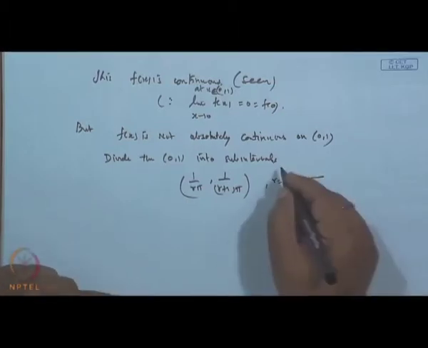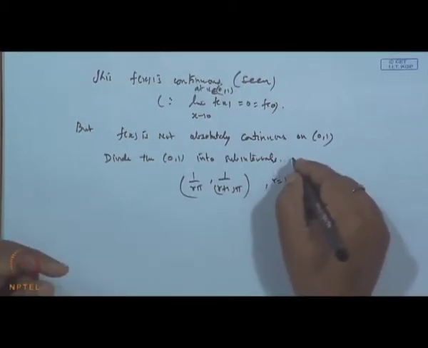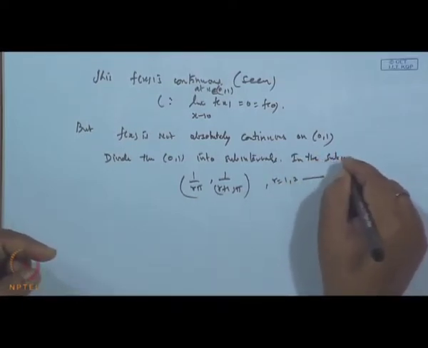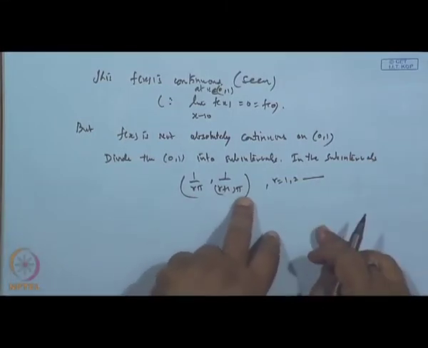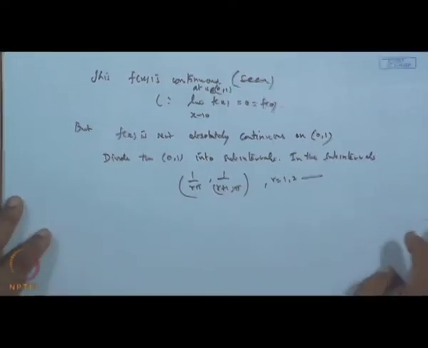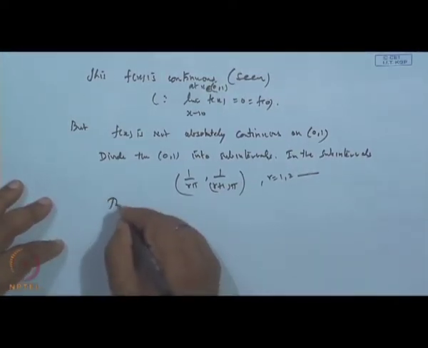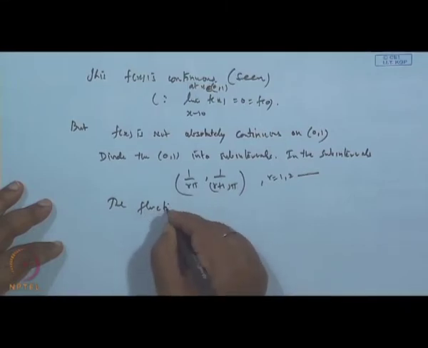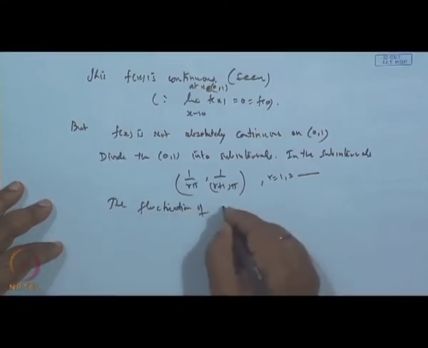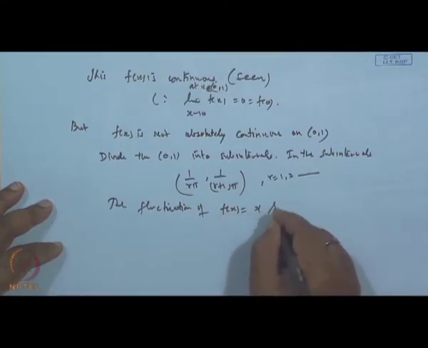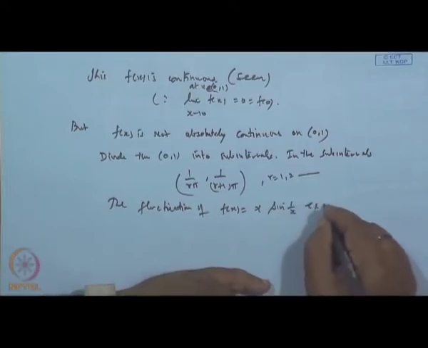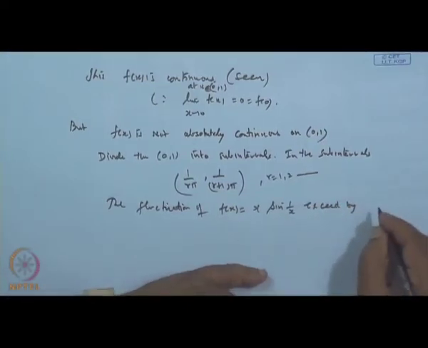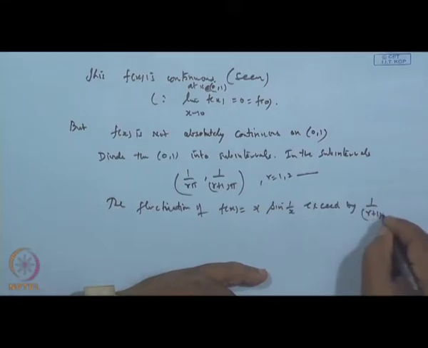In each of these subintervals, 1 upon r pi to 1 upon r plus 1 pi, the fluctuation of the function f x, which is x sin 1 by x, exceeds the number 1 by r plus 1 pi. Let us see why.